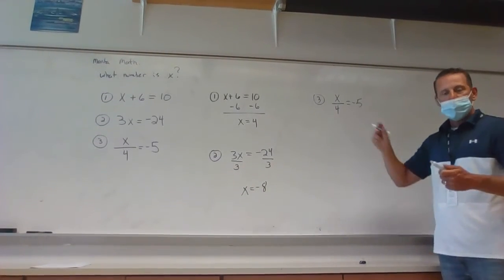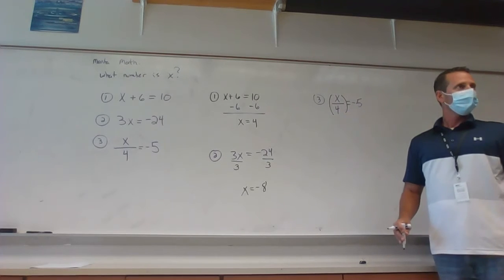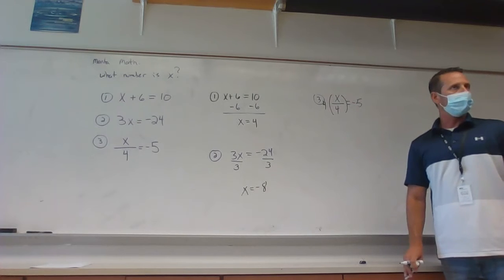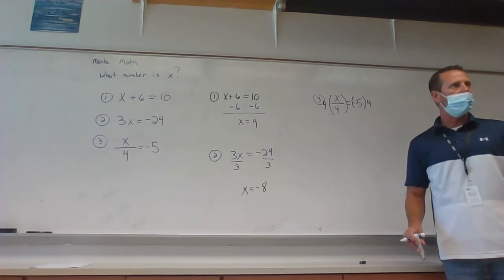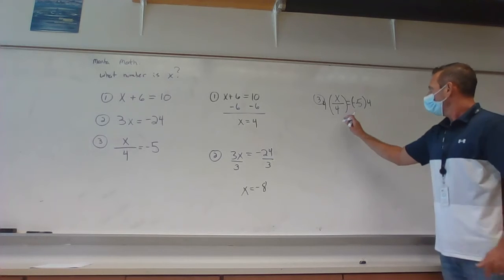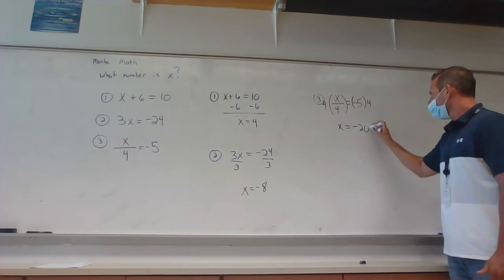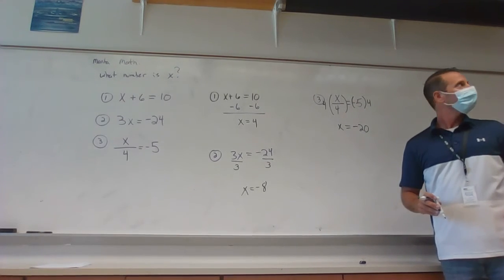So if I'm dividing by 4, to undo that, we're going to multiply by 4. You multiply the left side by 4, multiply the right side by 4. X equals negative 5 times 4, negative 20. That's the answer we received before, right?